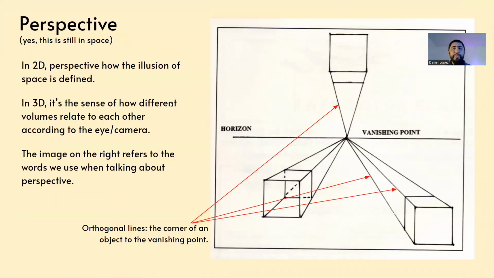Perspective. Okay, so we are still in the space part of the elements of art. Let me check time. Okay, I need to kind of hurry up. So again, on our 2D screens, we can see that three dimensions exist, or that they're implied, but that doesn't mean they're really there because again we're looking at the screen.